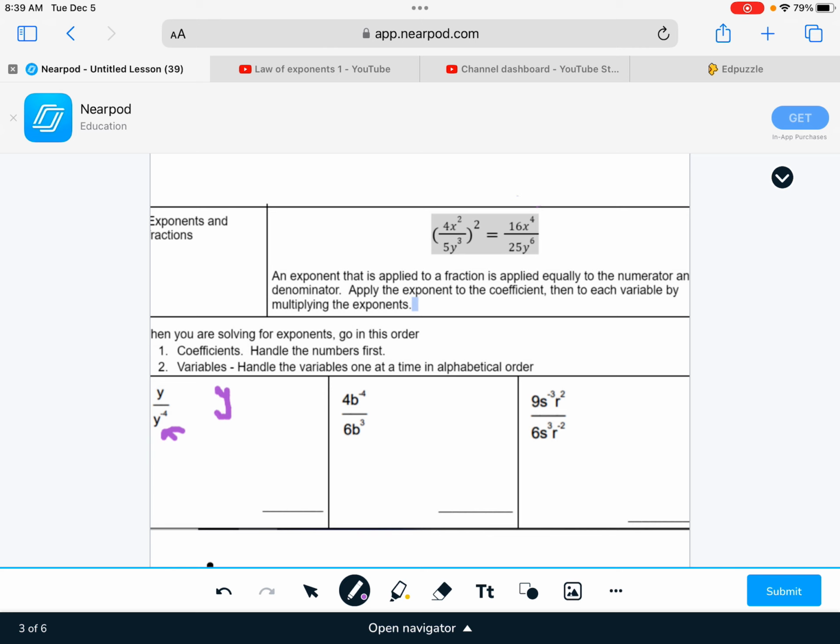So you get y times y to the 4 without any fraction, because if that y to the -4 goes out of the bottom, then there's nothing left in the denominator there. Y times y to the 4 is y to the 1 times y to the 4. We take our y's, we multiply them, and we get y to the 5th power. Just like yesterday with the multiplication, we just add those exponents. 1 plus 4 is 5. That's where this answer comes from.